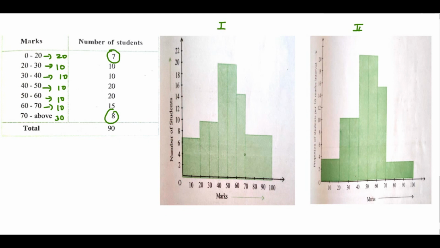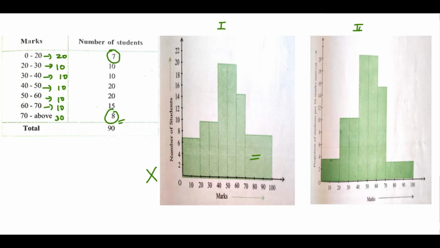At a glance we can say that this representation is wrong, because above 70 only 8 students have scored, and we know that areas of rectangles are proportional to frequency in a histogram. Here the area is more, and between 60 to 70, 15 students have got, but the area is less here.